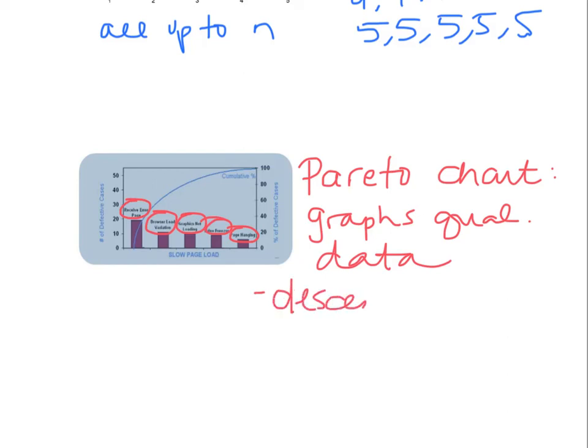Whatever was the highest frequency goes first, like right here, then the second one goes here, and then it goes like that. So the last one is always the reason that has the lowest frequency.